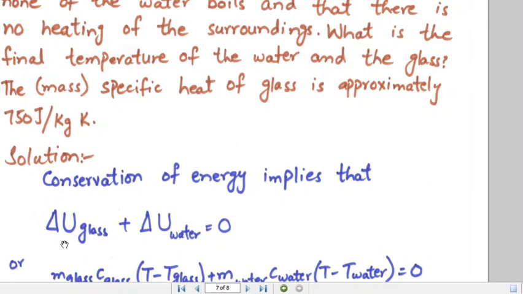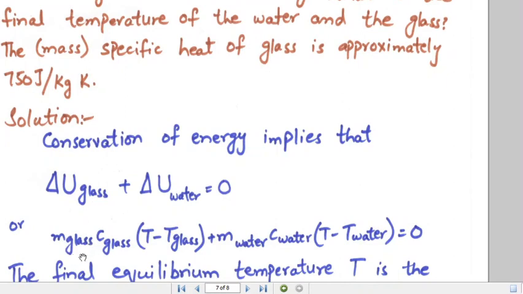And we can find the change in internal energy of the glass by using this expression.